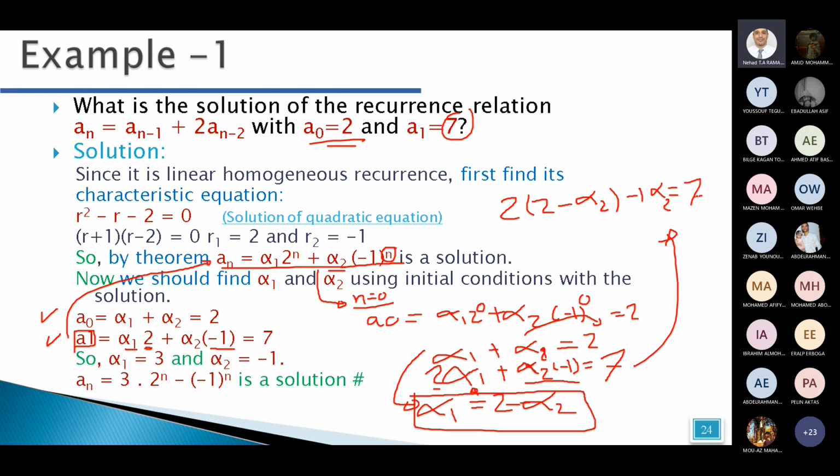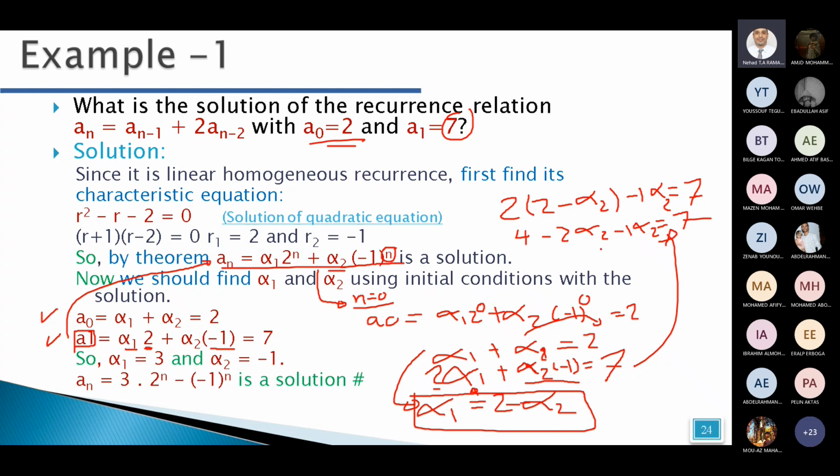Now we have only one unknown value, which is alpha 2, so we can find it. 2 multiplied by 2 is 4 minus 2 alpha 2, minus 1 alpha 2 equals 7.